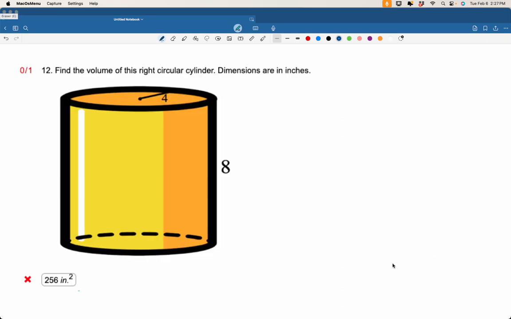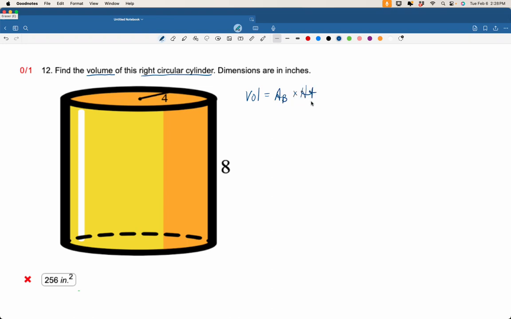All right, here's another one from this, and this may be your last one. I'll check and see. But this is to find the volume. The volume is always found, when it comes to right geometric shapes that are not pyramids, cones, or spheres, by area of the base times height.